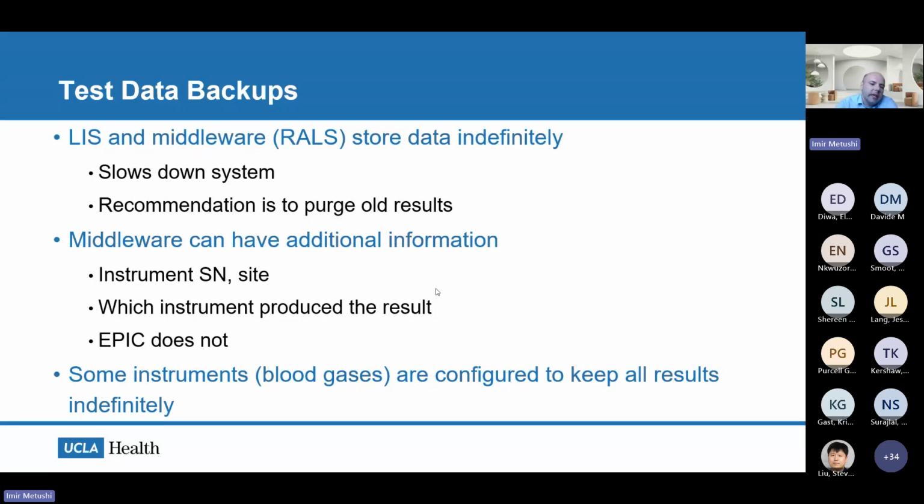Like I mentioned, if there's a product recall, for example, we want to know which patients were affected, which lot was used to run, and during what time. If we can get that information from the middleware, we can trace it back easily. Otherwise, it becomes a guessing game and a very manual process. So that is another functionality we want to retain and maintain.